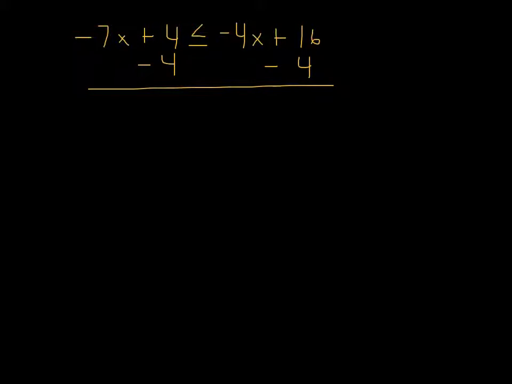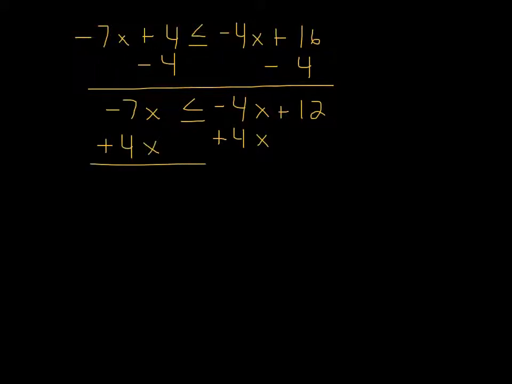And you end up with negative 7x is less than or equal to negative 4x plus 12. Then we bring the negative 4x over, so we do plus 4x on both sides. So you end up with negative 3x is less than or equal to 12.